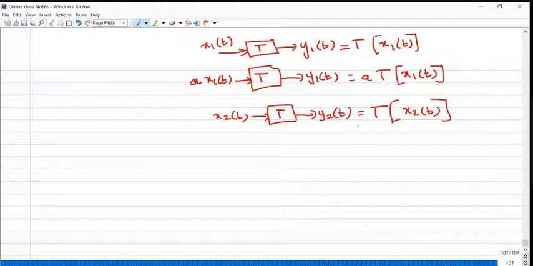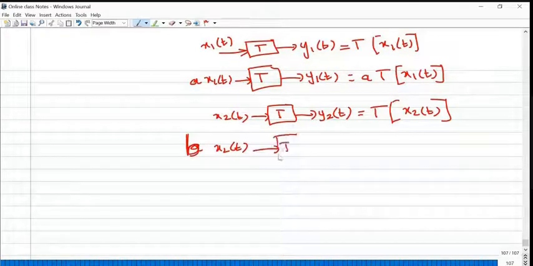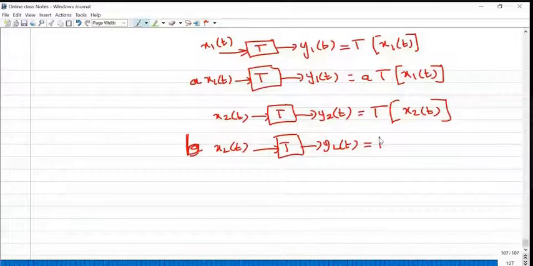So generally we represent it as the transfer function of x2 of t. Okay. Suppose you multiply input x2 of t with a constant, let's say b, now your system output y2 of t must be equal to b into T of x2 of t.